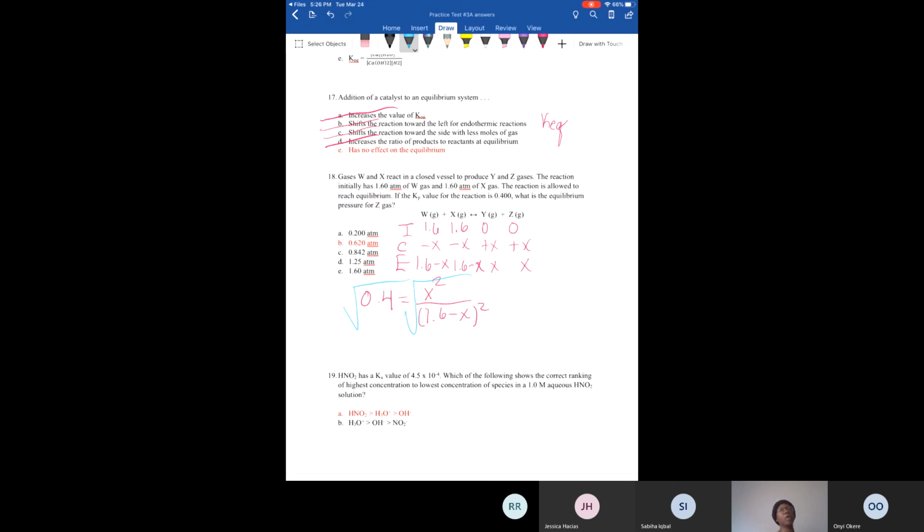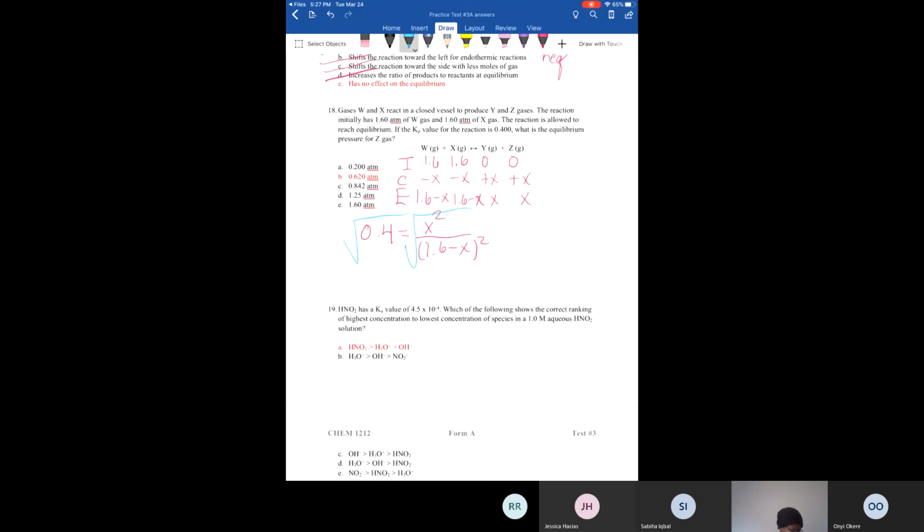Temperature, however, is the only one that can change your KEQ value. But all of those other things have effect on equilibrium, not catalyst. A catalyst doesn't change anything other than the kinetics of the reaction. So it increases the rate, but because it increases both the forward reaction rate and the reverse reaction rate proportionally, it's the same. So it doesn't have effect. Sorry, I didn't answer your question. I thought I read does not have an effect. I was like, oh, it's a catalyst. Okay.